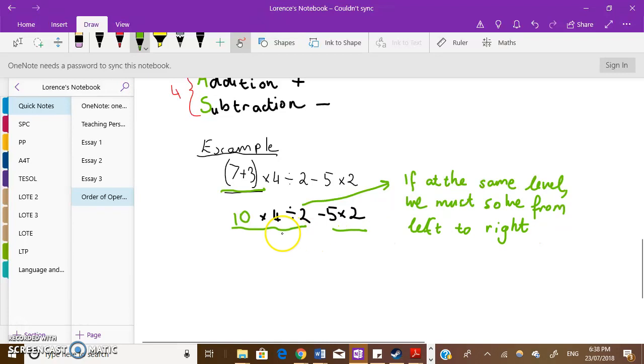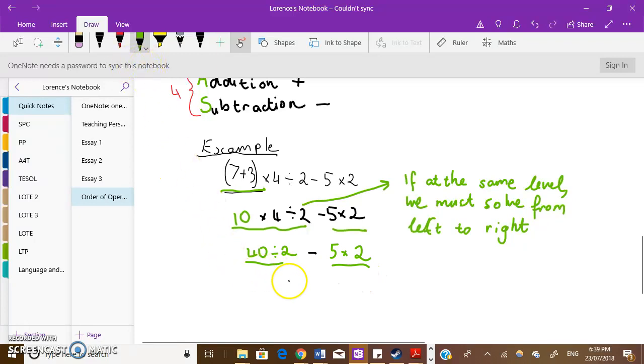So here we're going to solve just this level here. We go left to right, because they're both at the same level. So 10 times 4 is 40, and then we must divide by 2, which will be the next level. And then I'm going to do this one here, minus 5 times 2. Now we have to solve this one and this one.